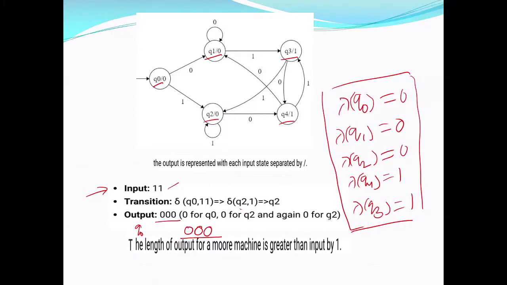So for one input symbol, you get one output. For every input symbol, you make the change, maybe to the same state, and you get one output. When you begin without taking anything, you get one output symbol. That is why the output is always input length plus one. So this is your Mealy machine.